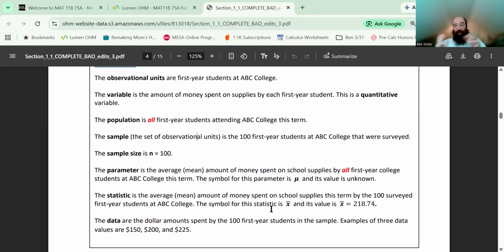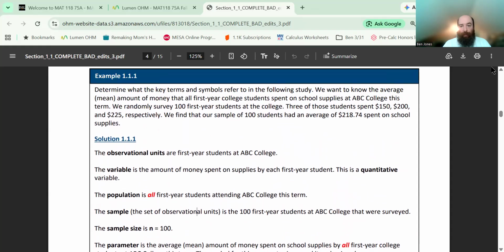If you're typing this into the computer, x space bar or x dash bar are perfectly good ways to write that. And that value was $218.74. So we find that our 100 students have an average of $218.74.